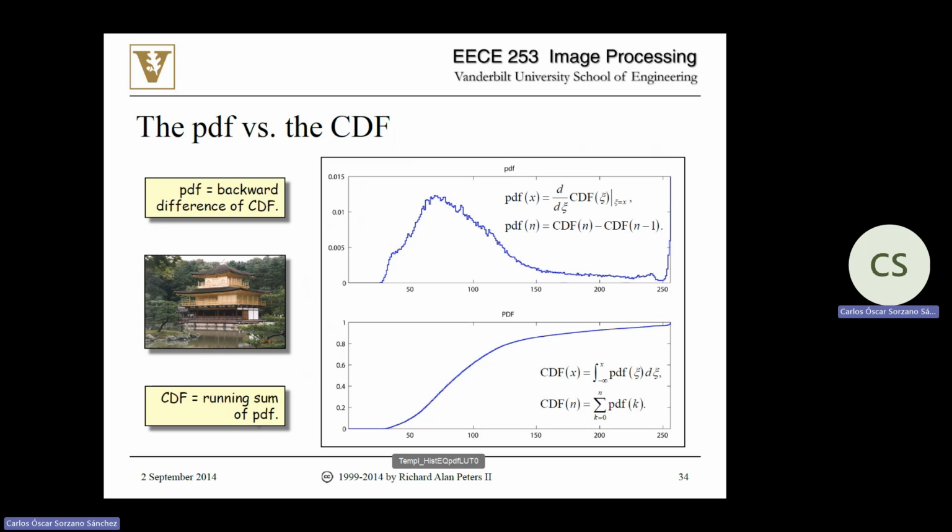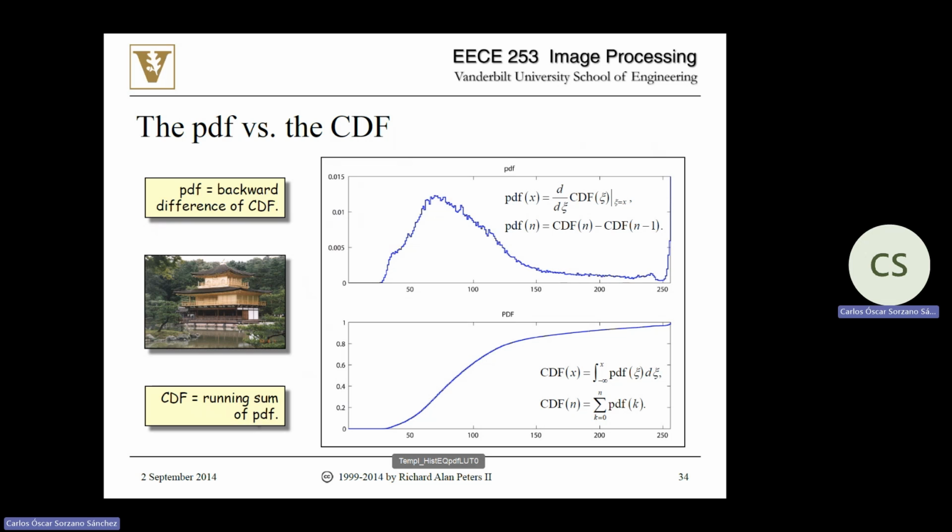And then the other one is for continuous variables. Let's say that my image has continuous values. So now it is not discretized to be 0, 1, or 2, but it can take any value in between, 0.75 if we want. So the equivalent definitions or operators are this one.